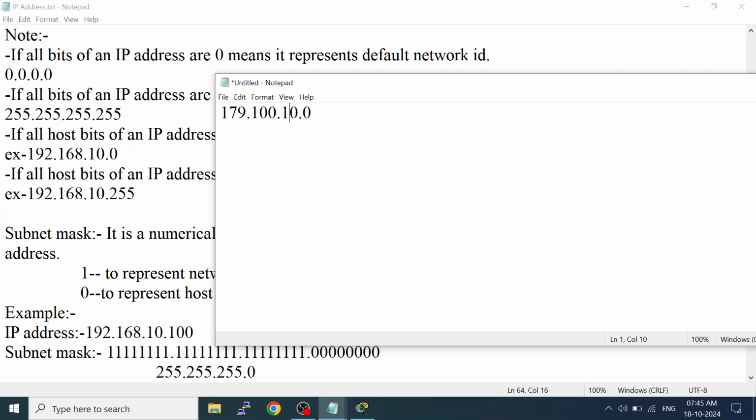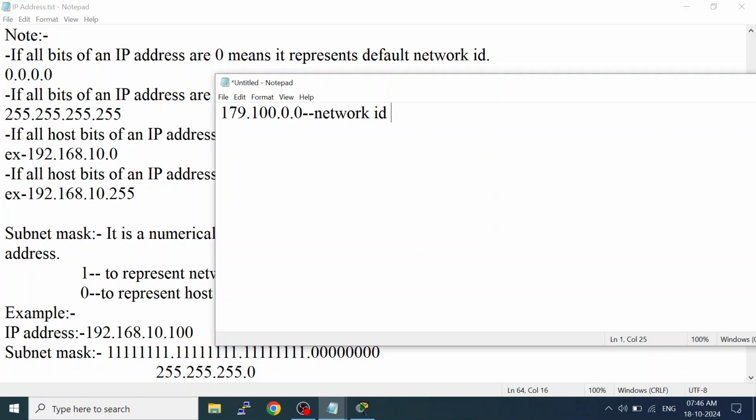So if all host bits are 0, why have I shown this one? Because for every class, the number of host blocks and bits will be different. So based on the class, you have to see and calculate. So if all host bits are 0, then this will be represented as network ID. For what? For this specific network. Which network? 179.100 network.